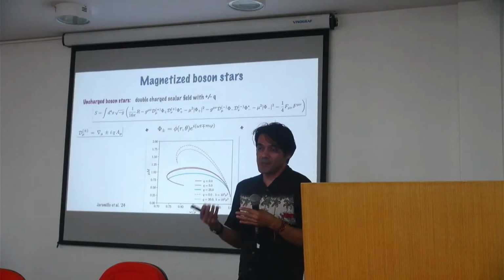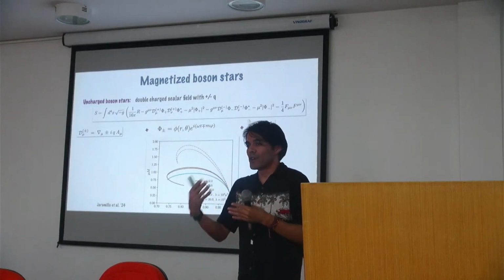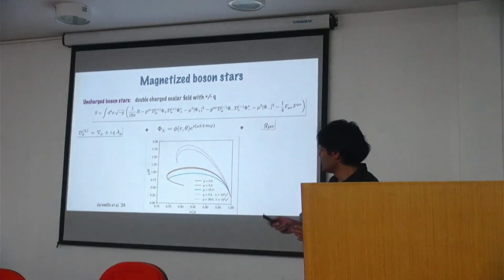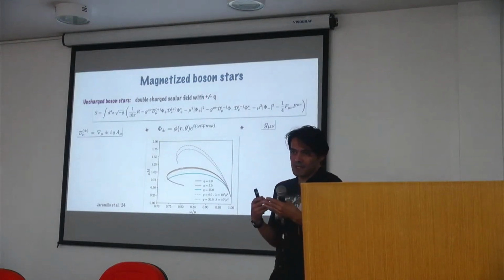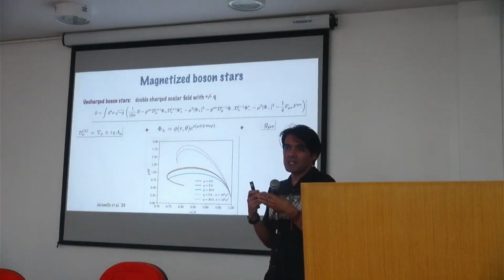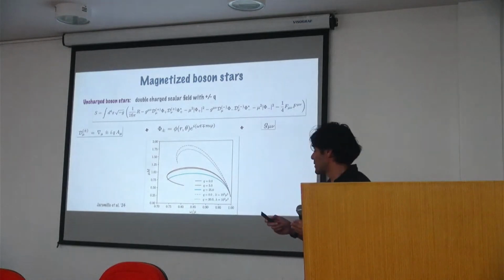So you would expect that this configuration will be more stable. So essentially what we do is we superpose two axisymmetric boson stars with charge plus Q and the other minus Q. And essentially the total charge of the configuration is 0, but that configuration produces a magnetic field.